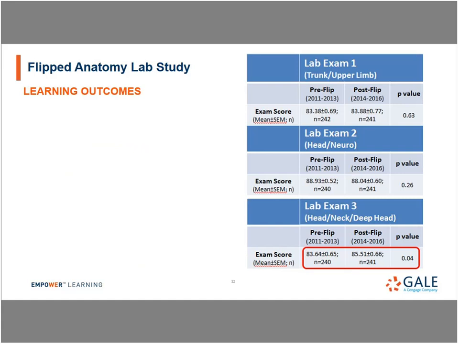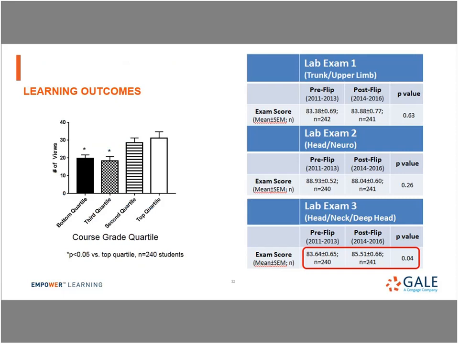And if we break them out further, let's take all the students and separate them by quartile in terms of their final course grade, we find that the students in the bottom half of the class have fewer views of these videos compared to those at the top of the class. So this is definitely showing a strong association between use of the resource and academic performance.